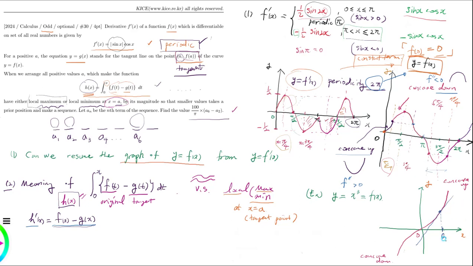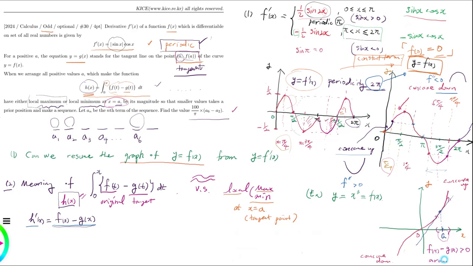So in this case, around this point of A here, f of x is always bigger than its tangent line, g of x.